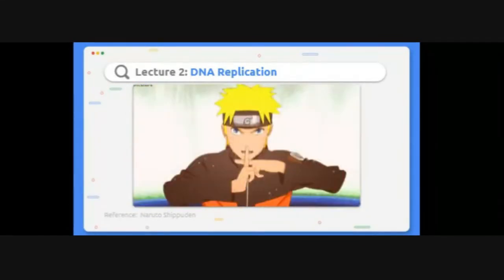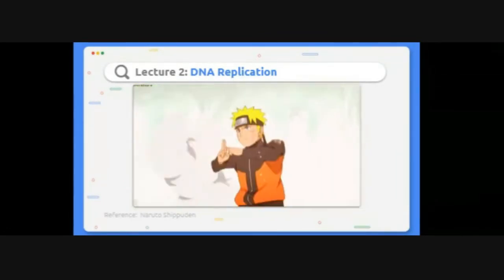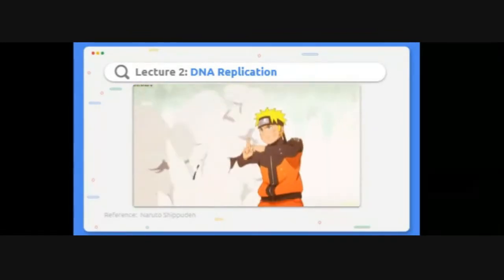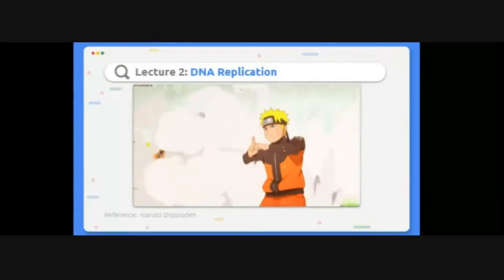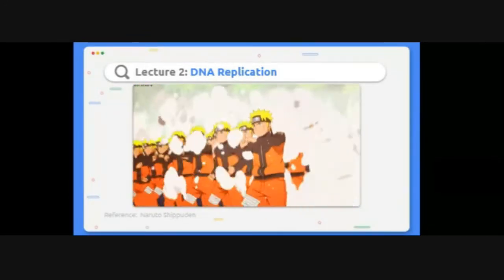So, if you remember in our lecture 1, right, yung nagdi-divide na cells, 'di ba? Para magkaroon ng division of cells, yung hereditary information mo, you have to pass it on to your daughter cells. So, yun yung purpose ng DNA replication. Okay?